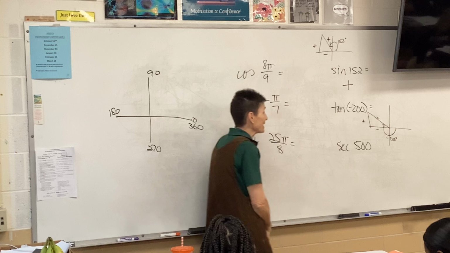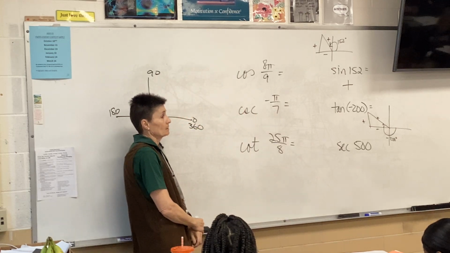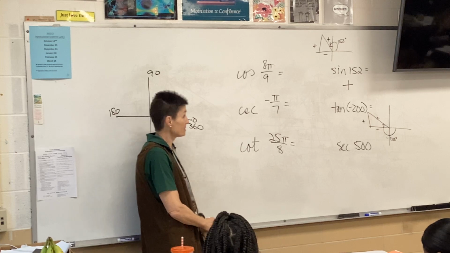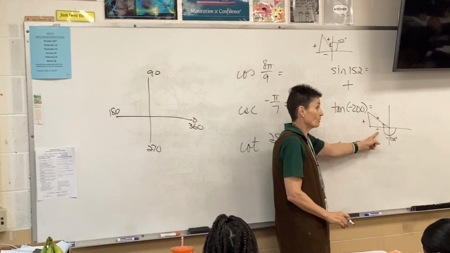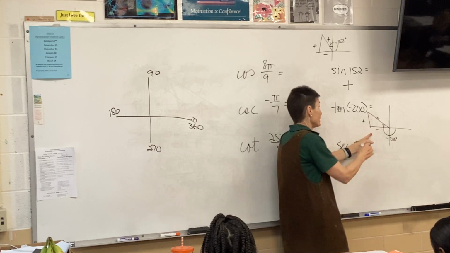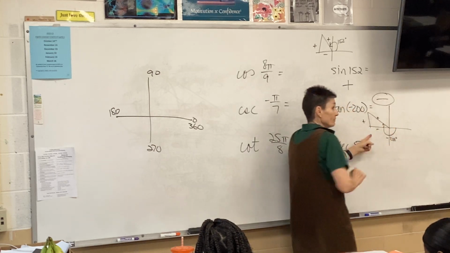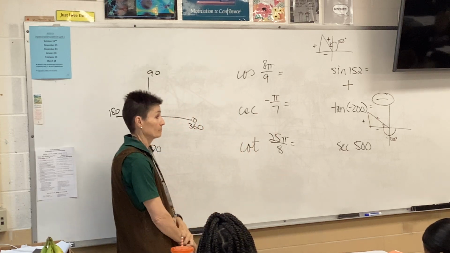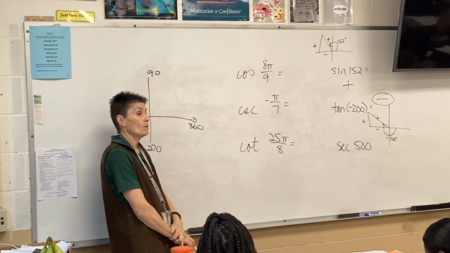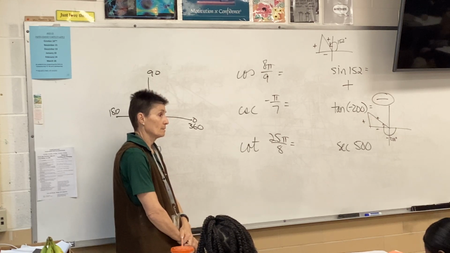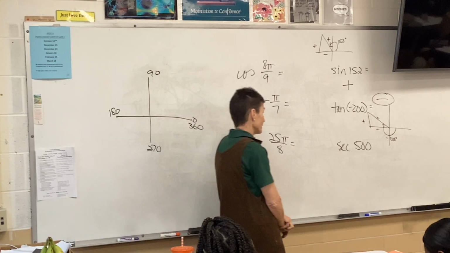Now I want the tangent. Tangent is opposite over adjacent. So opposite over adjacent will be negative. Whoa, 500.